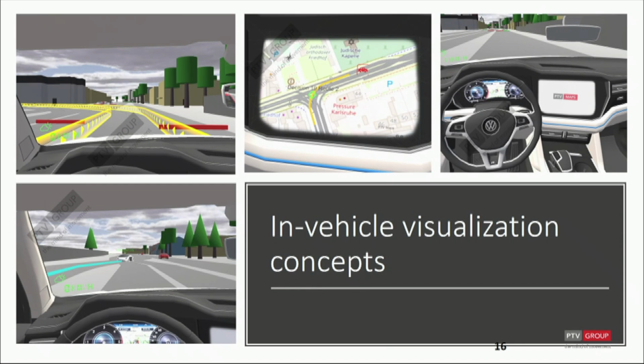I wanted to present here the in-vehicle visualization concepts that we tested and developed for our driving simulator. There are four in-vehicle visualization concepts. The first was a self-routing experience. Imagine you're in your autonomous vehicle and you select the route you are going to take at the next intersection.